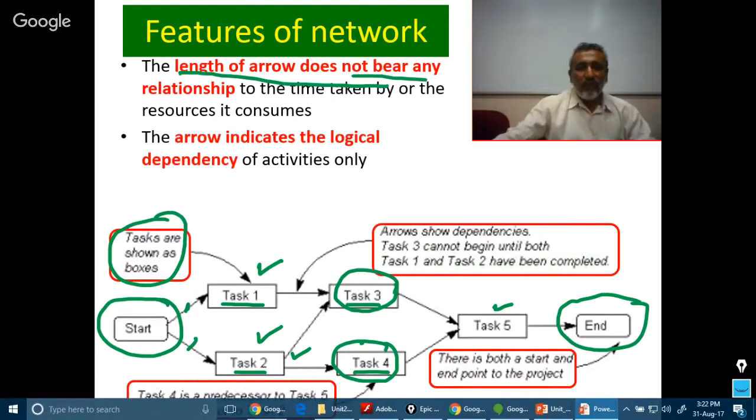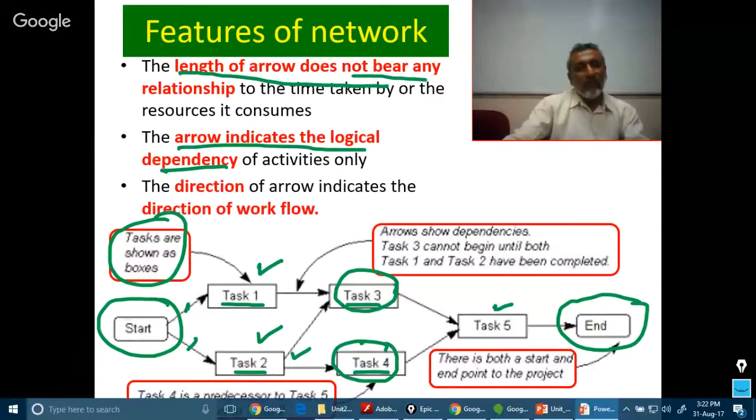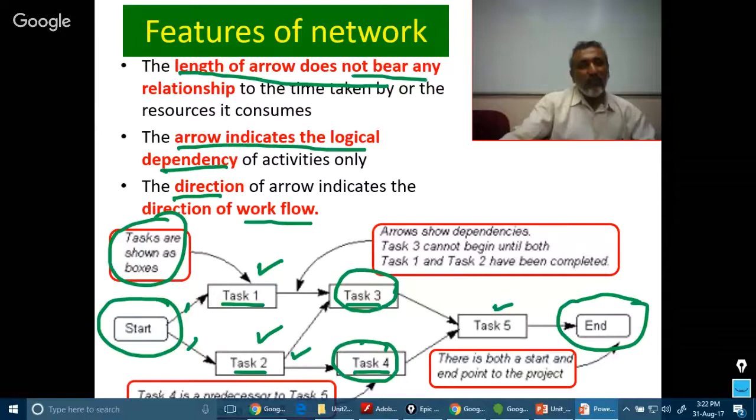The arrow indicates only the logical relationship, that is, to start which activity, what activities are to be completed, that is, which activity depends logically on which activity. The direction of the arrow shows the direction of the flow of work. That means after this, this is done. After this, this is done. So the direction of the arrow shows the direction of the workflow.